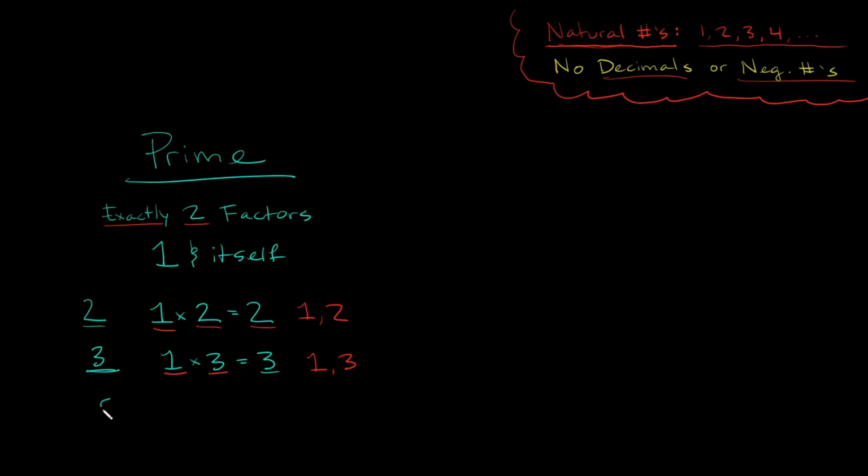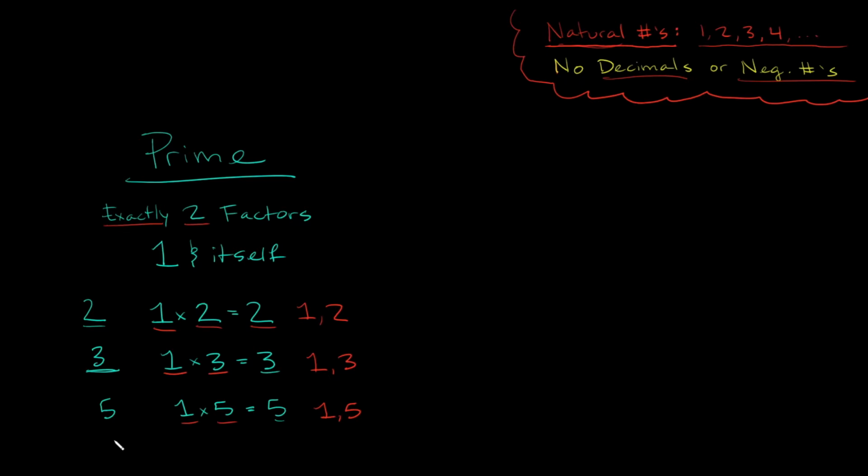Another example would be the number 5. Why is 5 a prime number? Because it only has two factors, 1 and itself. Only 1 times 5 gives us 5. There's no other numbers we can multiply together to get 5. So the factors of 5 are 1 and 5.